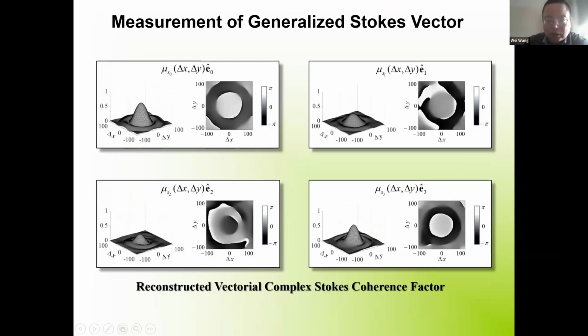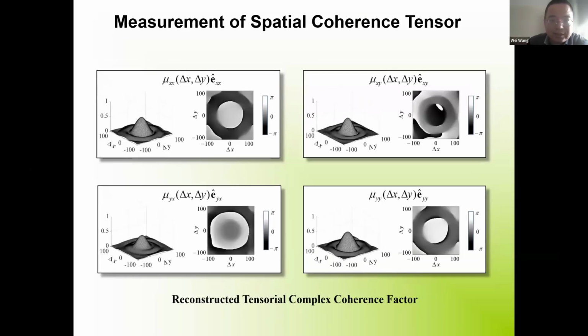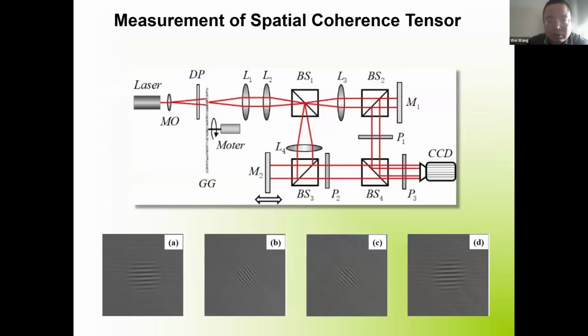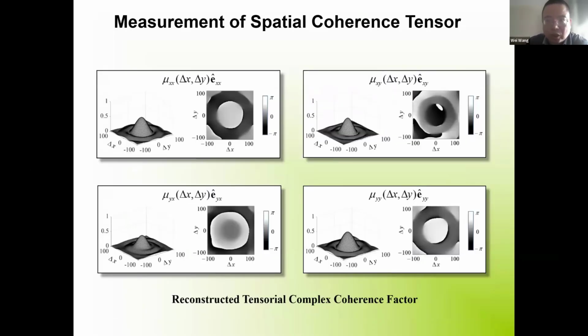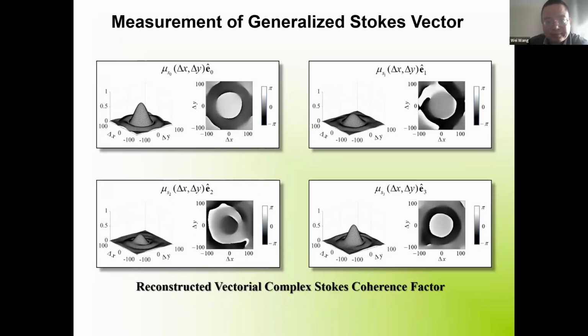Meanwhile, we can also reconstruct the vectorial complex Stokes coherence factors in a similar way. Here is the result. As you see, both can be used to represent the spatial coherence, but the elements have different distributions, as expected.